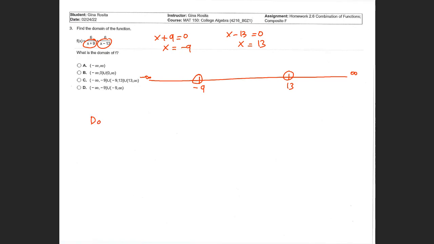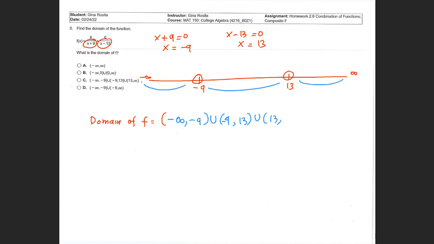So the domain of f is from negative infinity to negative 9, open, because of division, union from negative 9 to 13, open, union 13 to infinity. So the answer is C.